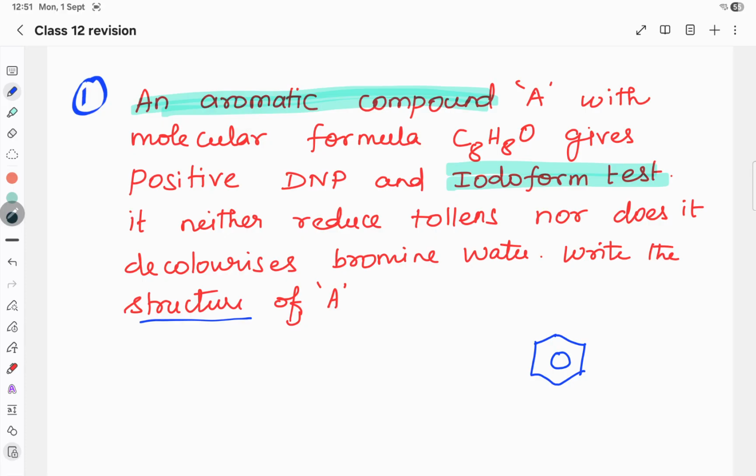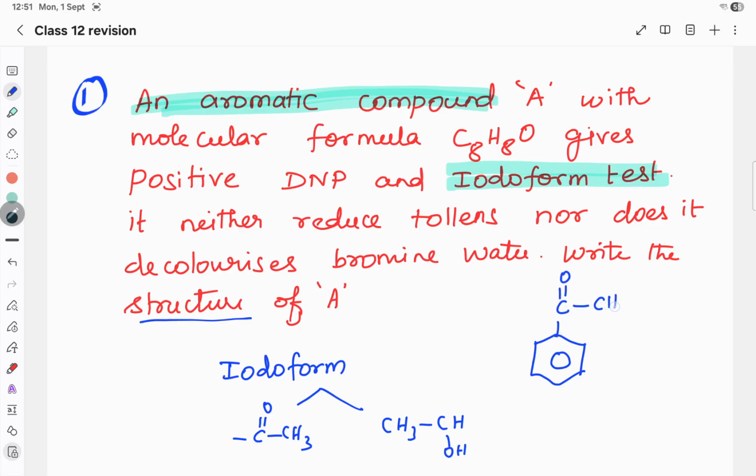And since it is giving iodoform test, it can be given by either a methyl ketone or a secondary alcohol. So only these two functional groups will give iodoform test. So we are going to add C double bond O CH3.